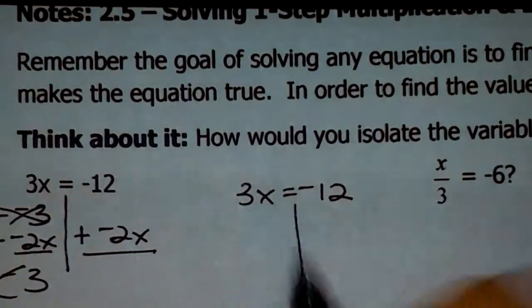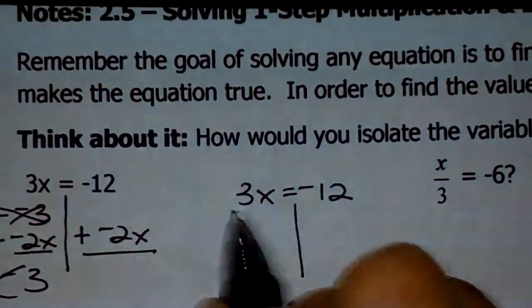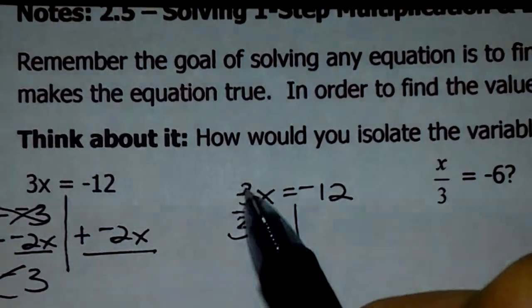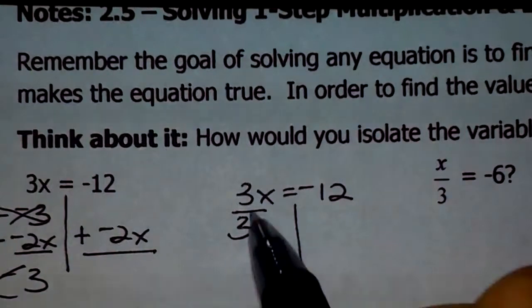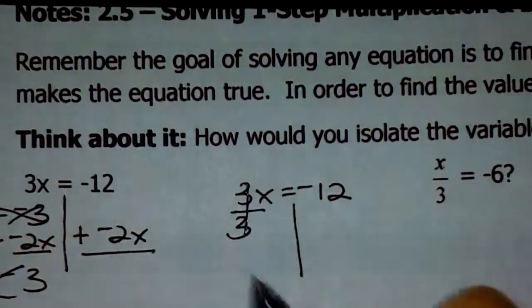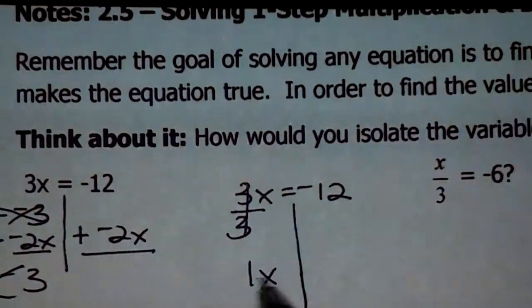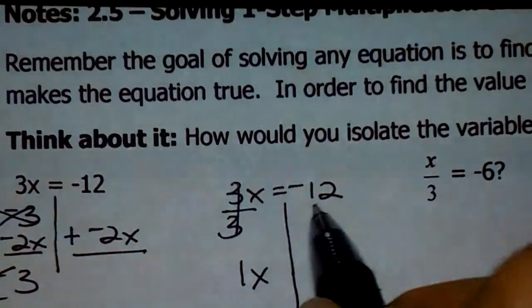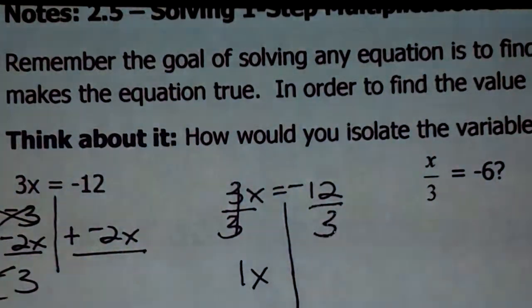So if you take 3x and you divide it by 3, 3x divided by 3 gives you 1x, right? So 3 divided by 3 is 1. It gives you 1x. And isn't 1x the same thing as x? Yes. So whatever you do to this side, we have to do to this side too, correct?